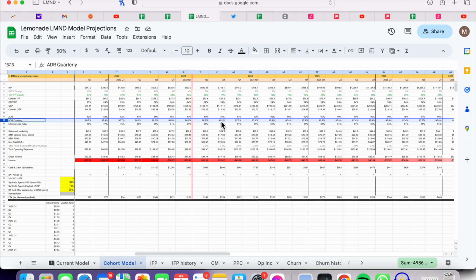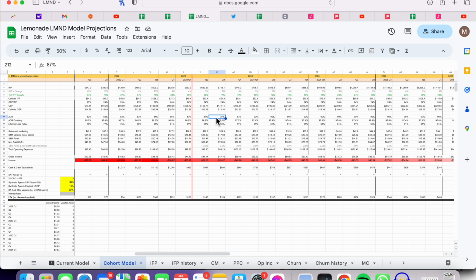Now, I would guess that over time, your annual dollar retention maybe starts at 87%. Maybe that's the metric, what it was last quarter. But for the customers in this quarter from Q1 2023, I'm going to guess that they have the worst retention up front, and then that gets better with time.